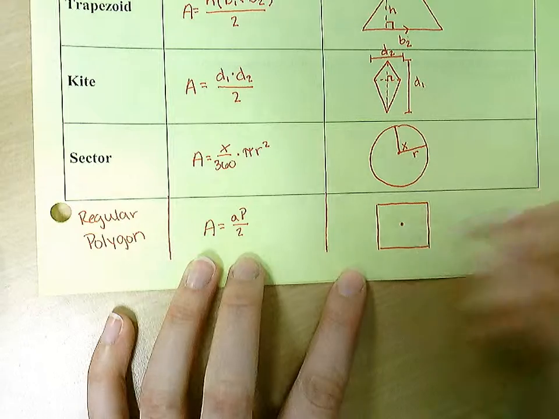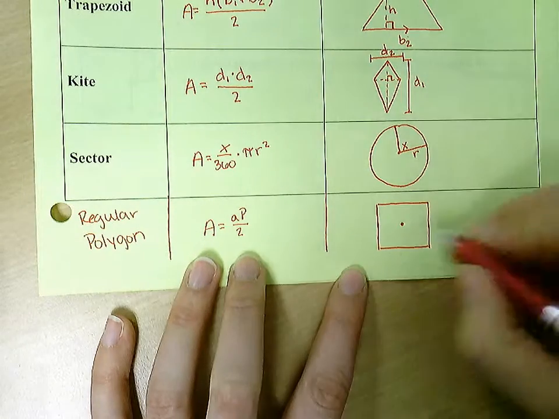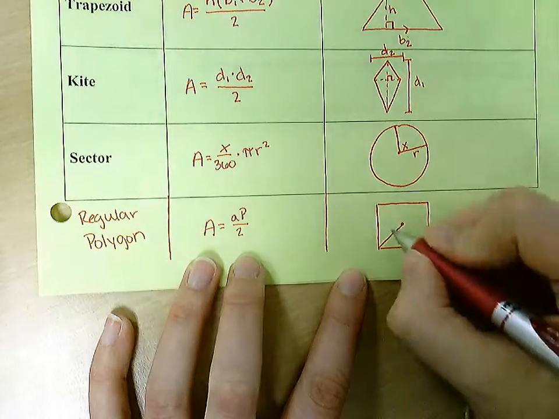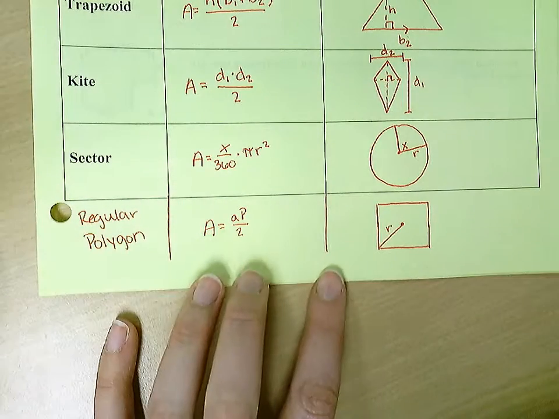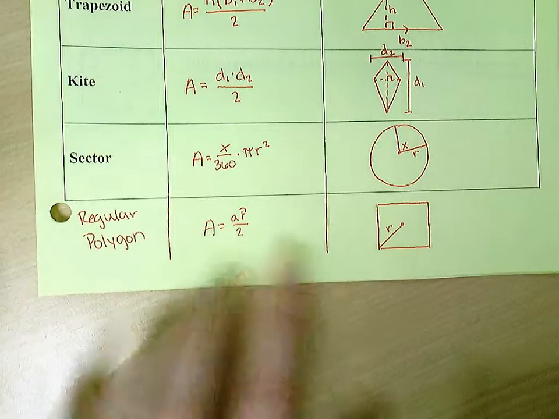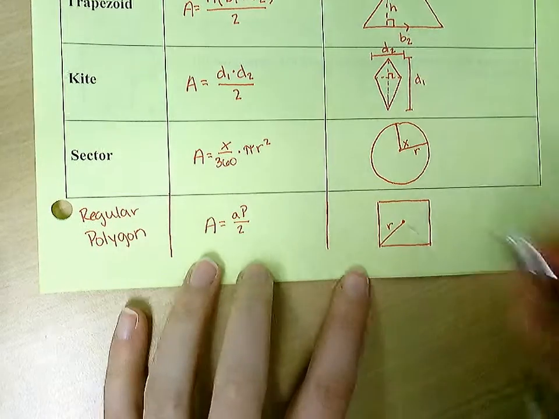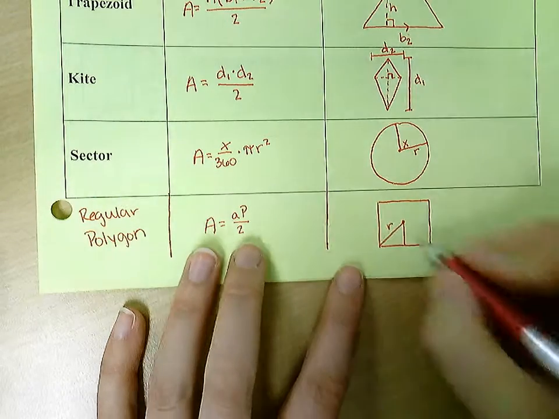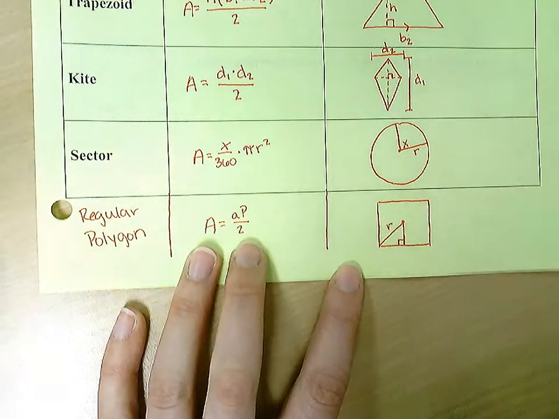From the center point, you have a radius to a vertex. That's your radius. Then the apothem, or A, in our area formula is that segment dropped down to the side and perpendicular to that side.